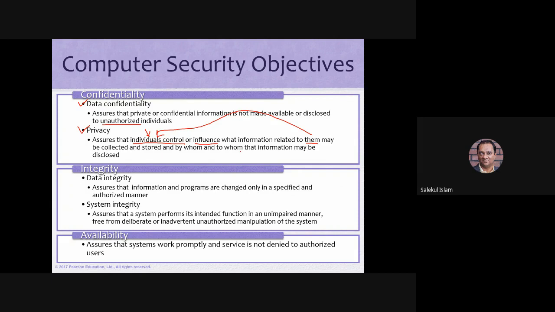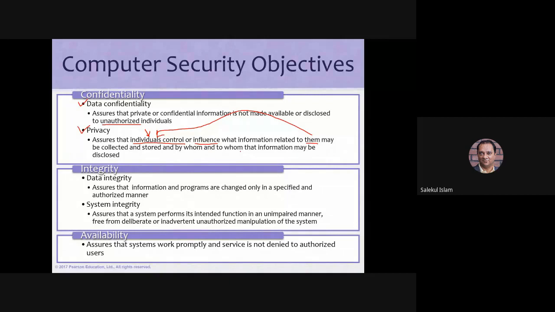But if they give that information to a third party, then they can easily sort out which drugs or what kind of medical equipment I am going to use. Then they will send me advertisements and maybe call me, asking do you want to buy this, do you want to buy that.